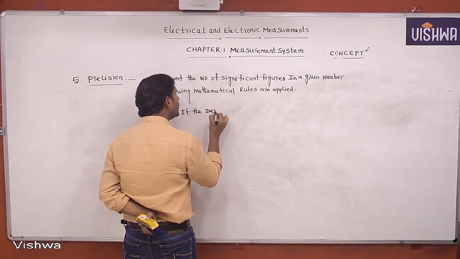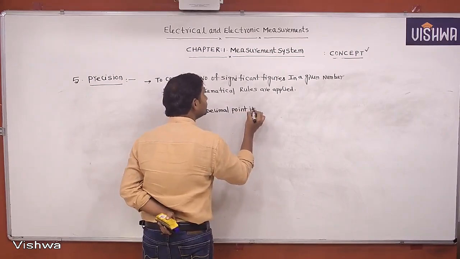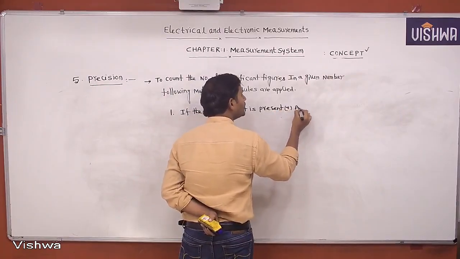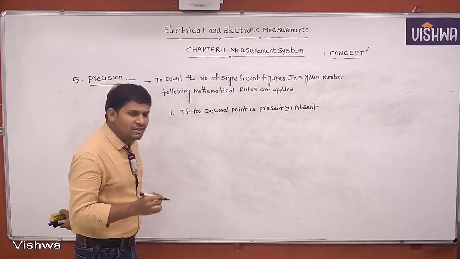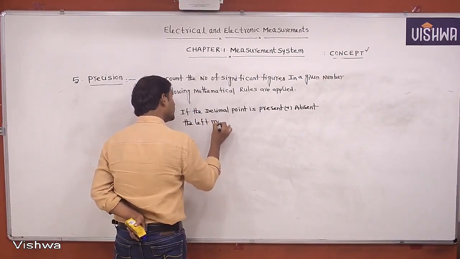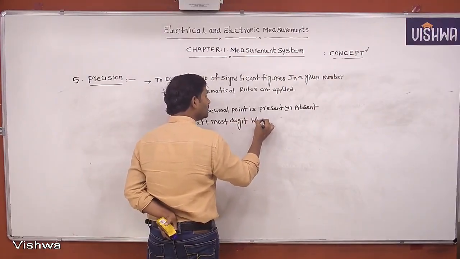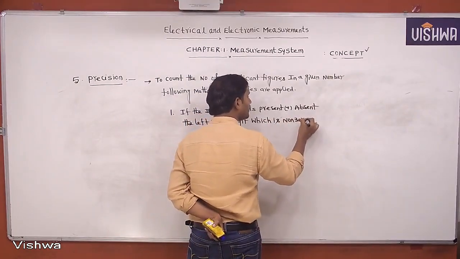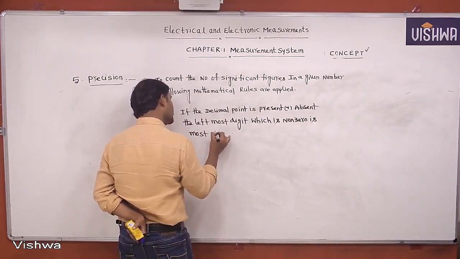If the decimal point is present or absent, the leftmost digit which is non-zero is the most significant digit.